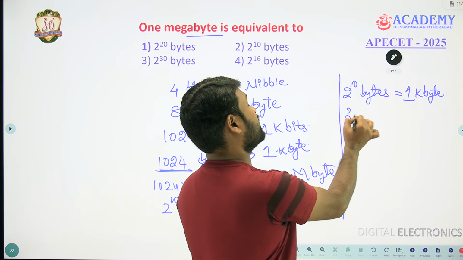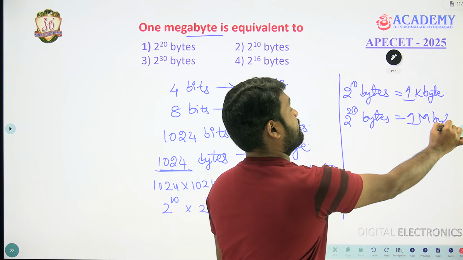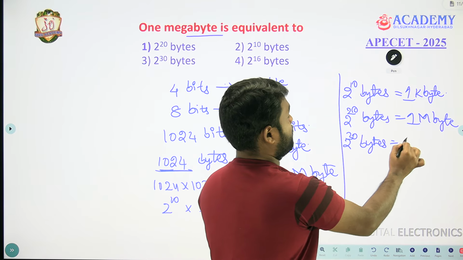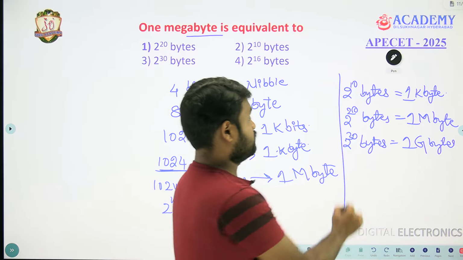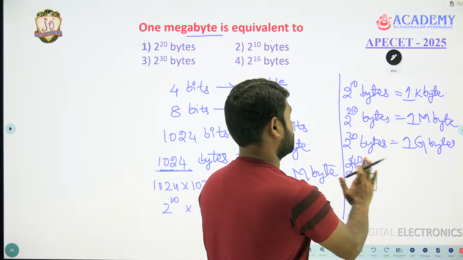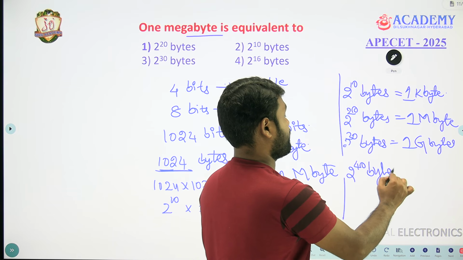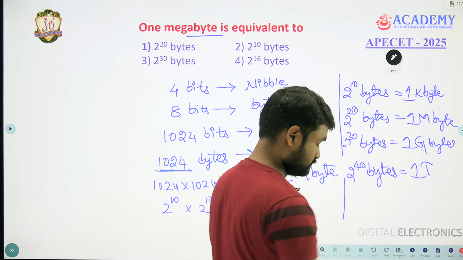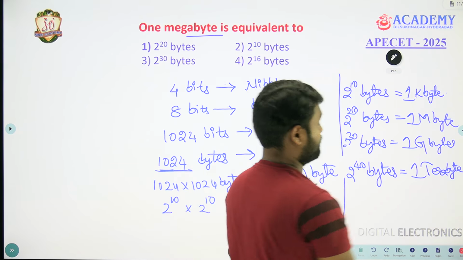2 to the power 20 bytes, 1 megabyte. 2 to the power 30 bytes, 1 gigabyte. 2 to the power 40 bytes, 1 terabyte.